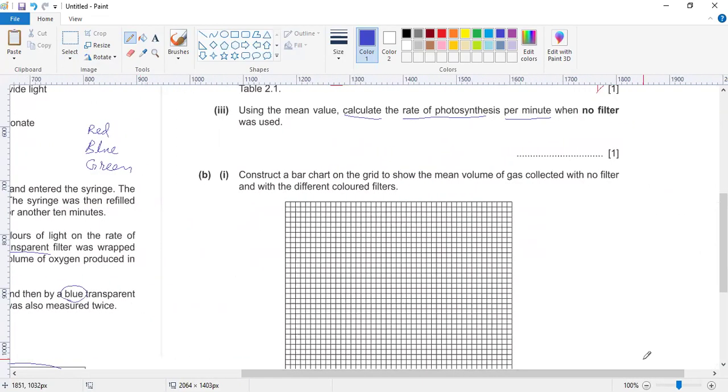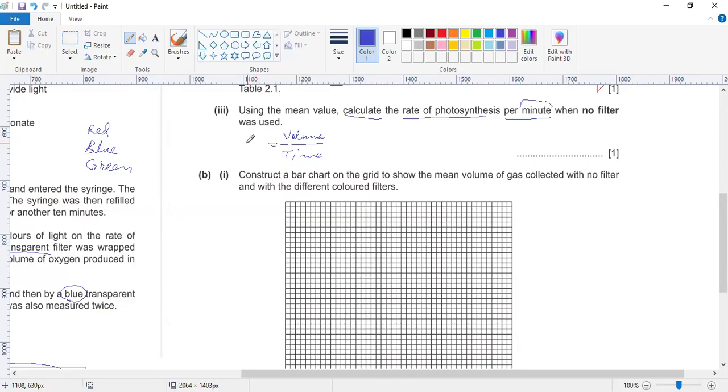So rate is any value divided by time. So here the rate of oxygen liberated is the volume of oxygen gas divided by time. So volume divided by time is the formula, and they have asked the time in minutes, and fortunately we have time in minutes already.